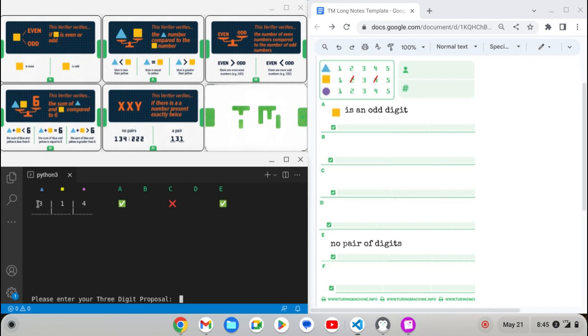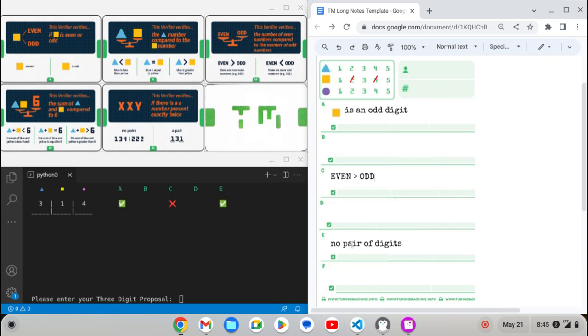Notice that I have, in my proposal of 314, I've got 2 odds to 1 even. It does not agree with that. So that means that there has to be more even than odds. So in my notes for criteria card C, my note area, I'm going to write down that even is greater than odd. Okay, well, let's take a look at that then.